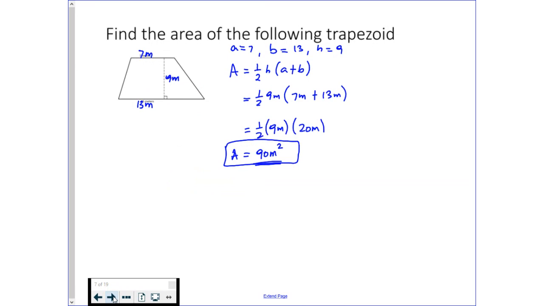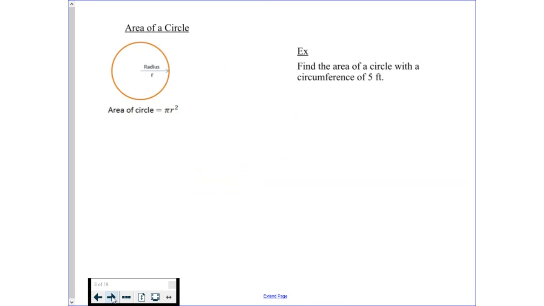Okay, now let's see another geometric figure we are going to consider. Here it is, the circle. The area of the circle is pi r squared, where pi is usually 3.14. Use 3.14 if it is given.